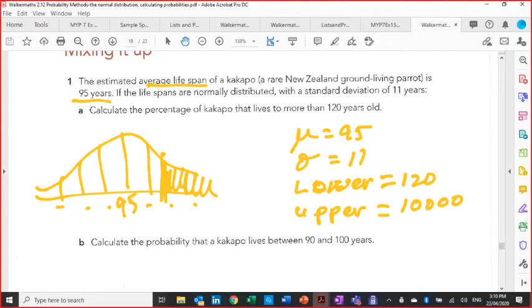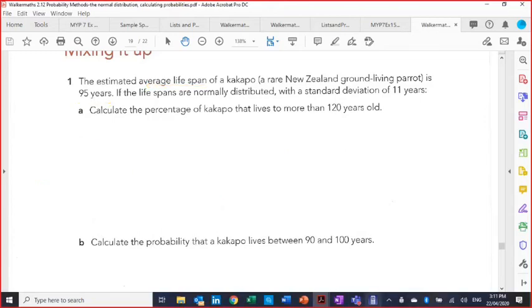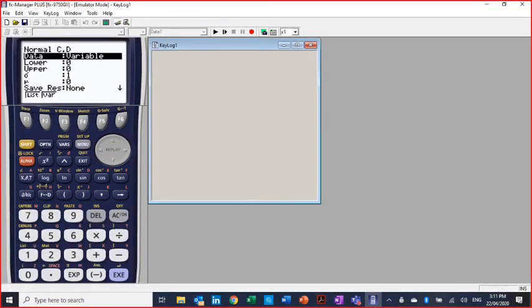10,000, 99999, it doesn't matter. Just use some big number that guarantees you're going to get all the stuff you need. Okay, so let's just go to the calculator to simulation to do that. It's already there, variable, so we're just going to put in our pieces.